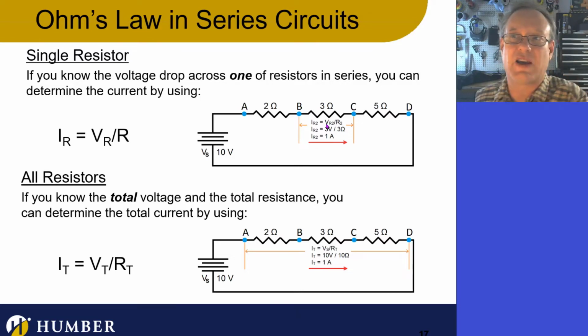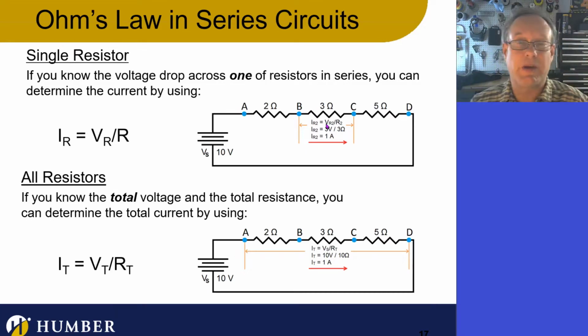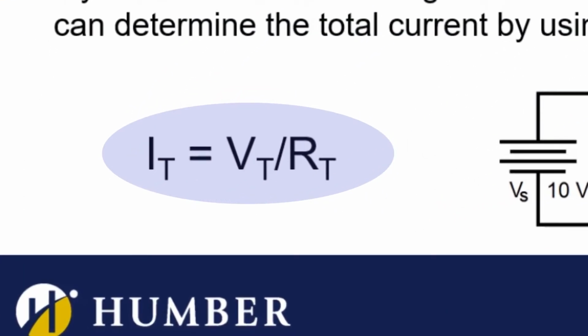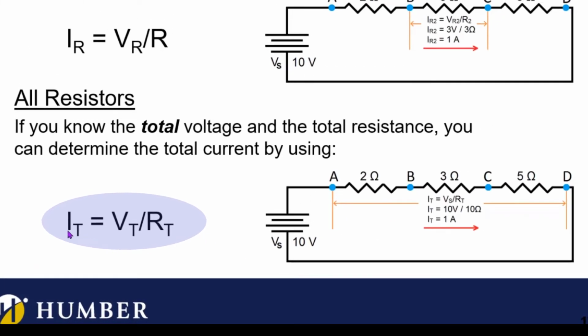We can also look at it as though the voltage is the boss as well, and the current in total has to balance out, because if I did this calculation, I could say the total resistance and the total voltage drop, which is actually the voltage source, go together into Ohm's law and calculate the total current. That's down here. I can see IT equals VT or VS over RT, right?